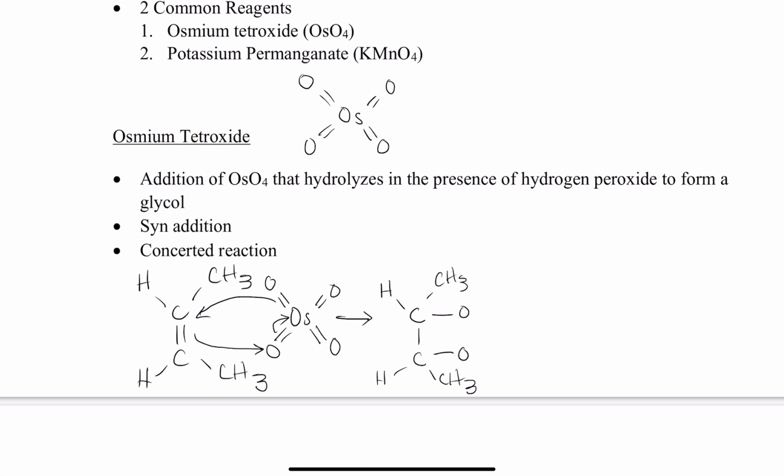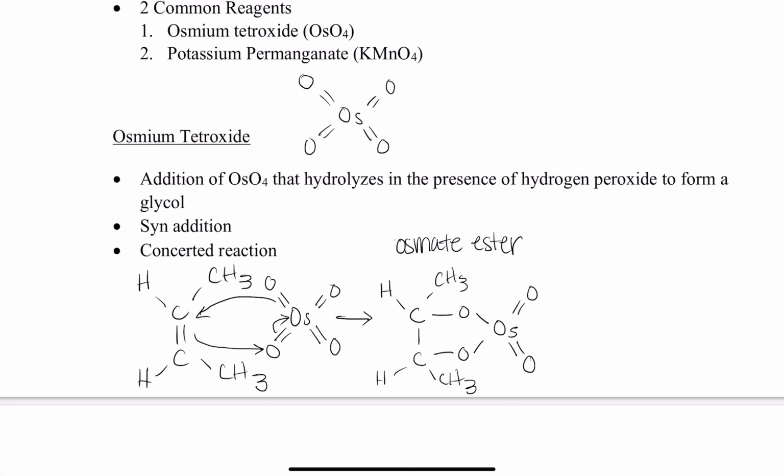So we can see that we've linked our osmium by 2 oxygens. And that is an osmate ester.